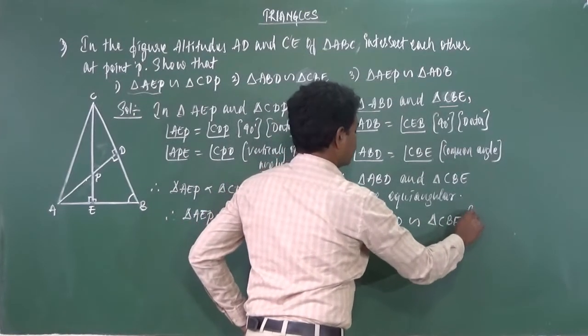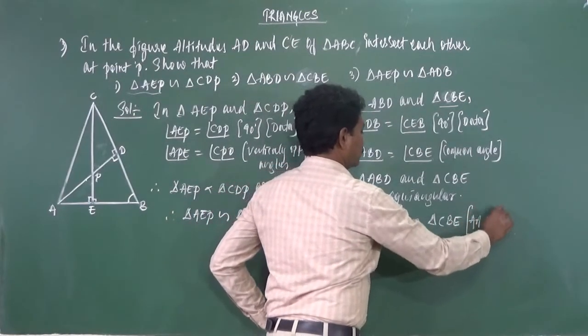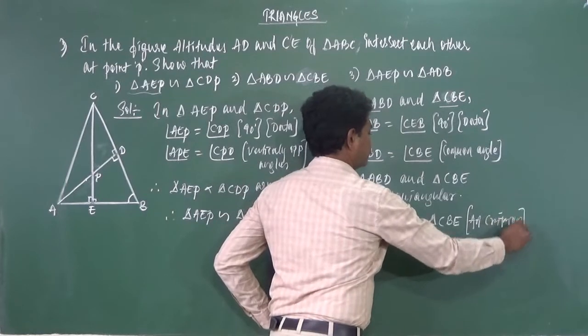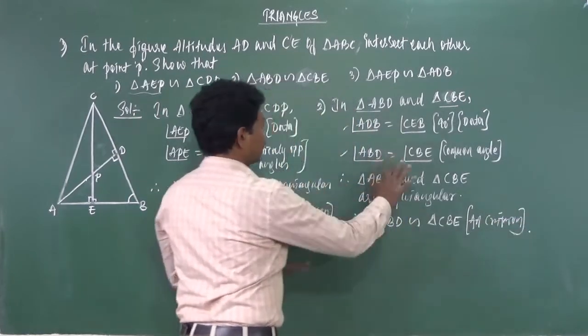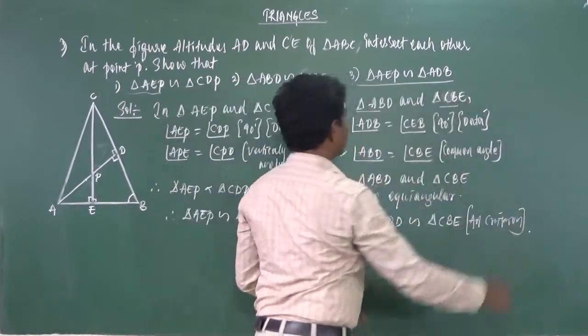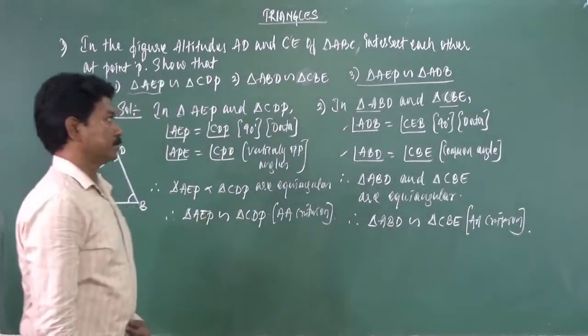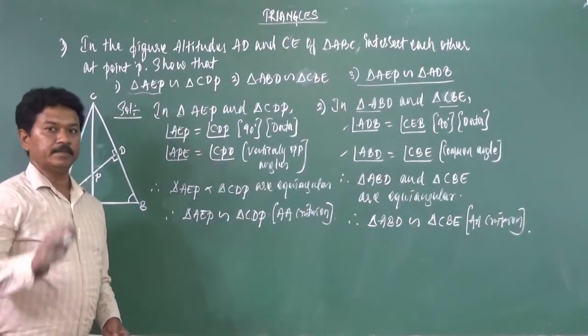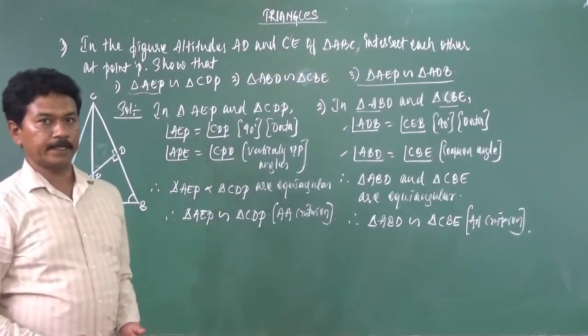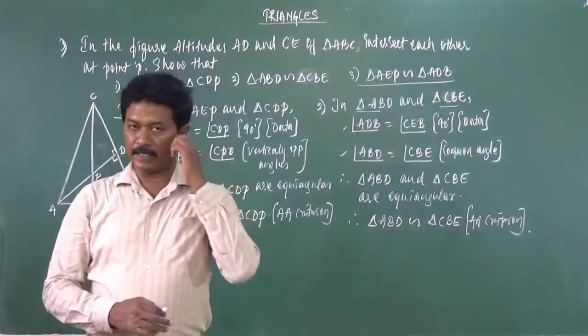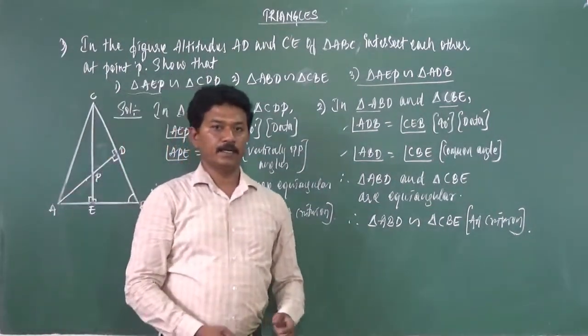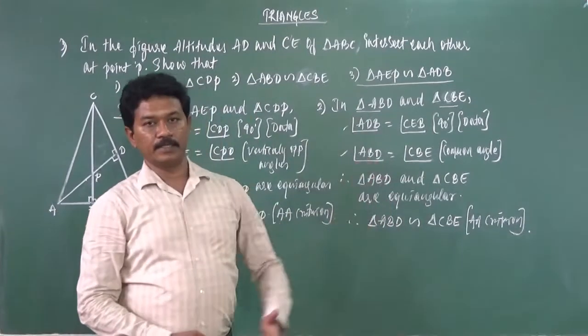So that is AA criterion. Right. In a similar manner, please prove that triangle AEP is similar to triangle ADB by yourself. Maybe you will get one of the angles as 90 degrees, another as a common angle. So same procedure, please follow in the third problem.